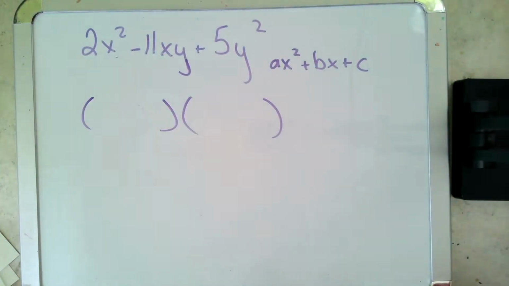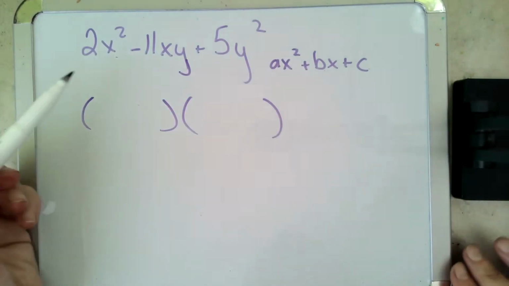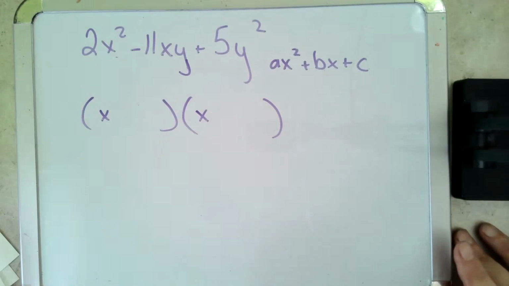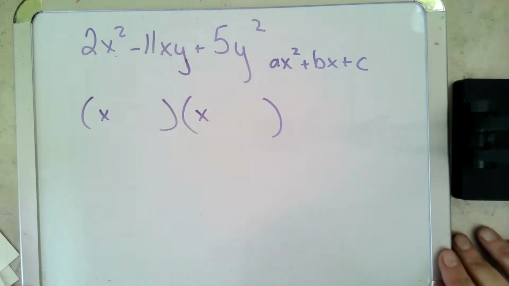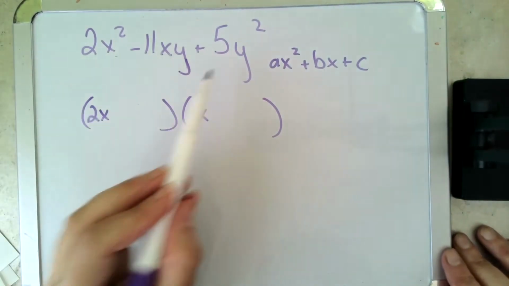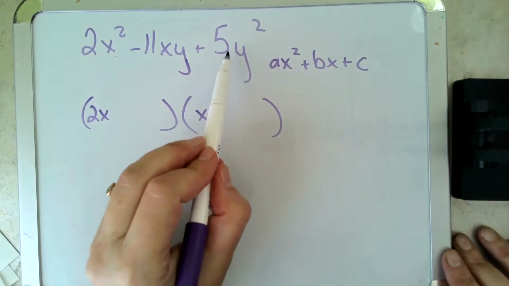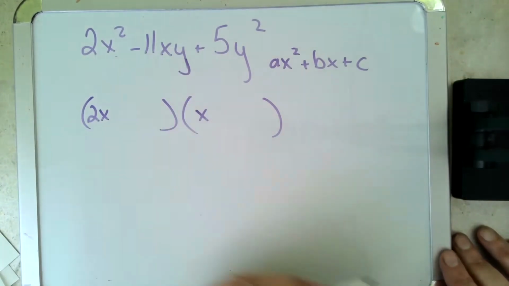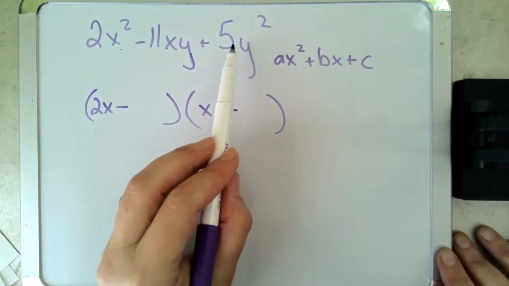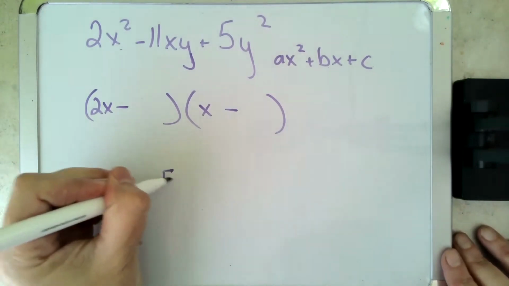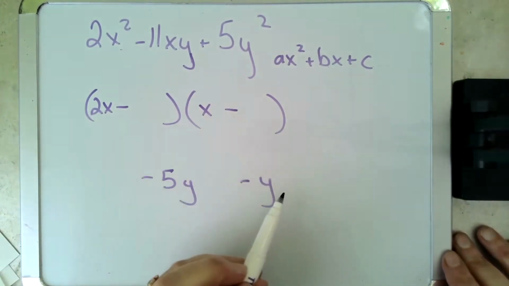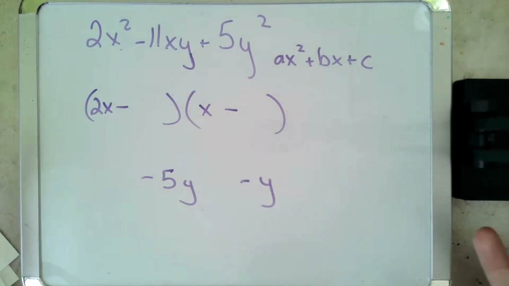The parentheses method is always an option. This is going to look a lot like the box. So I'd start by going, there's an x in both those terms and one of them has a 2. Okay. Both of these are minuses because I multiply to a positive, but I add to a negative. Now I know this guy is going to split up into a minus 5y and a minus y, and then I just play around.